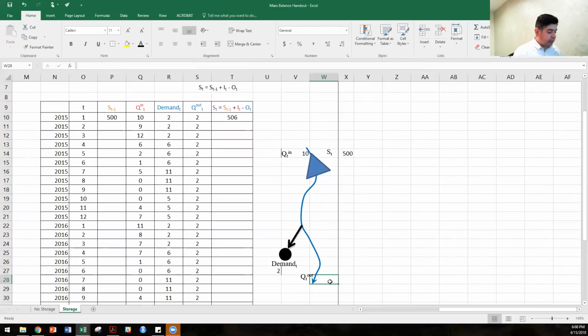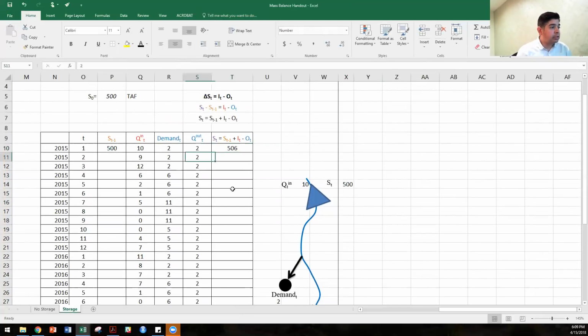And then the water coming out that we want to keep at the end of the river is 2 units of water. So if we do this mass balance, what will be the storage at the end of that month? That's what we're trying to calculate here. So you have 500 plus 10 units, but then you will be subtracting 2 units because that's the water that you're releasing. So 510 minus 4, 506.